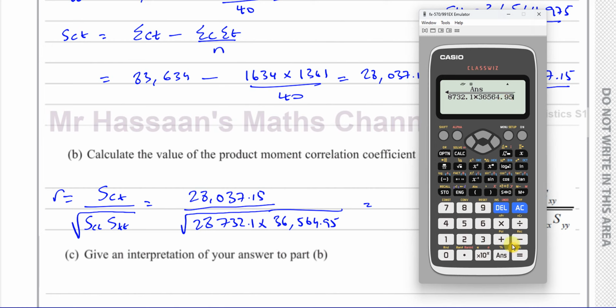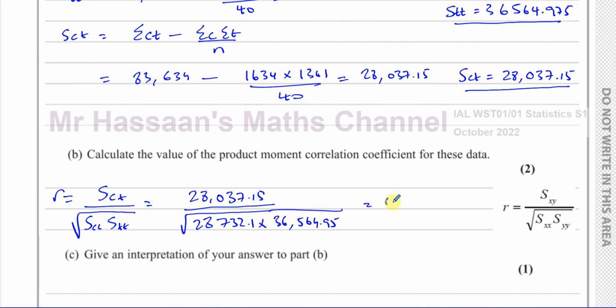Okay, so make sure that I'm doing that correctly. And that gives me 0.86503..., which to 3SF is 0.865. It doesn't tell us how to round it, so we should normally give answers to 3SF unless otherwise stated. So that's the value of the PMCC, which has the symbol R. Okay, so there's the answer to part B.